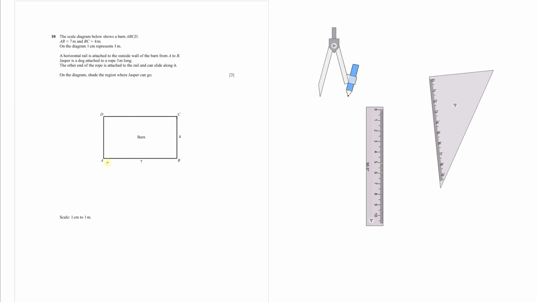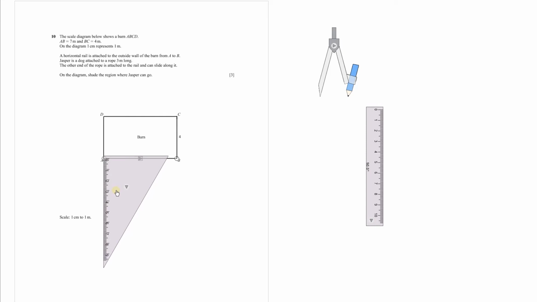So first we need to draw a straight line which is 3 centimeters, which represents 3 meters, away from this line AB. So to draw the locus of points that are 3 centimeters away from line AB, I'll use my set square here. Make sure your set square is aligned properly with the line so that whenever you mark the distance, it will be at a 90-degree angle.